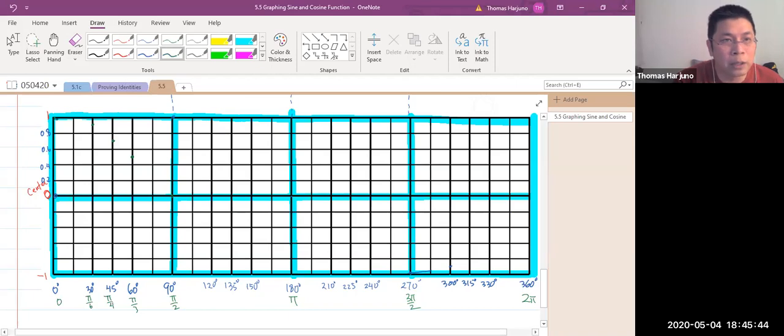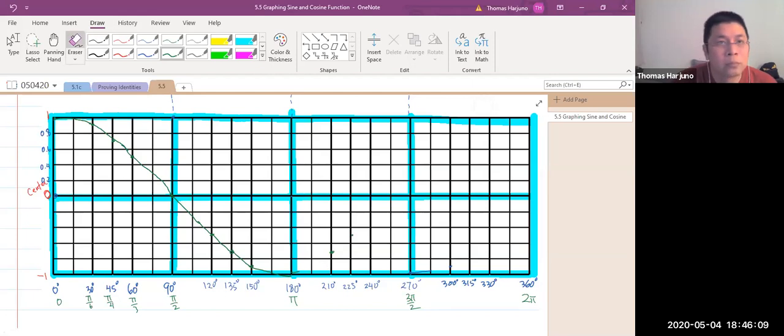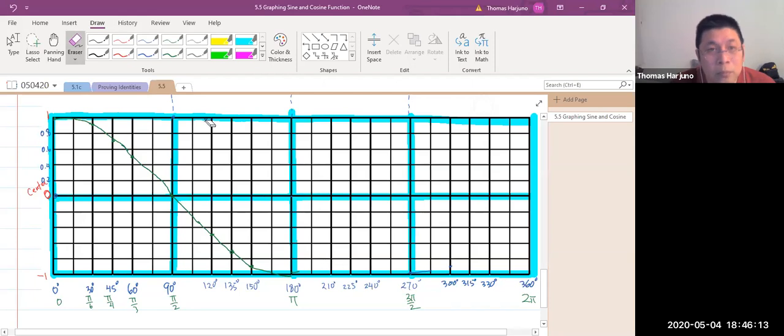The graph of cosine will be very similar to the graph of sine, except that it starts from the top, going to the bottom, and goes back to the top. Okay, now this will be the graph of cosine.